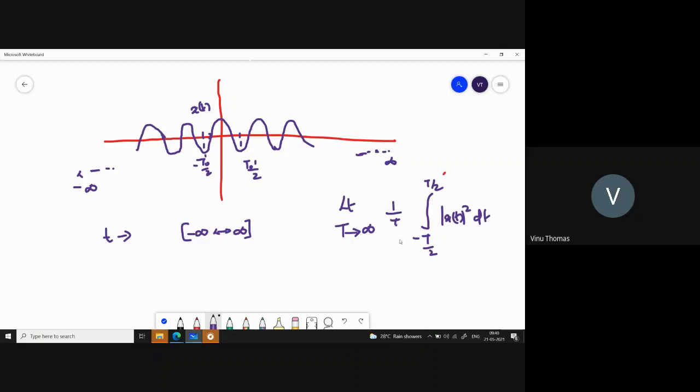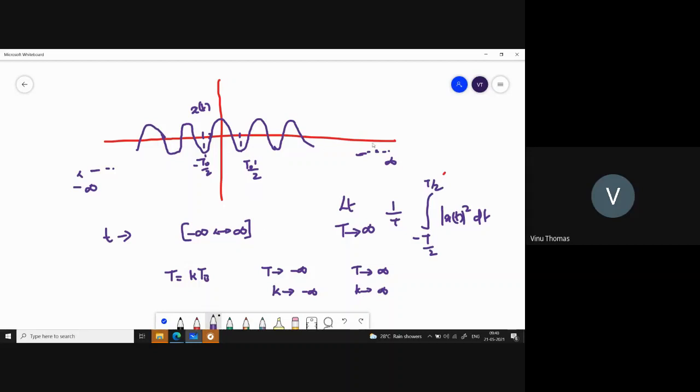When t takes values minus t by 2 to plus t by 2, since I have infinity cycles, it is equivalent to saying that I will take t as an integer multiple of one period, right? So when t is tending to minus infinity, k is tending to minus infinity, and when t is tending to plus infinity, k is tending to plus infinity.